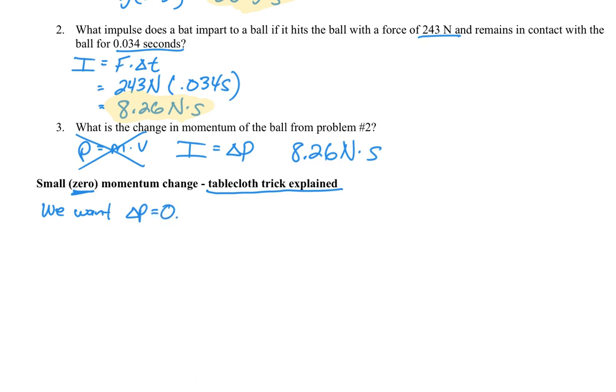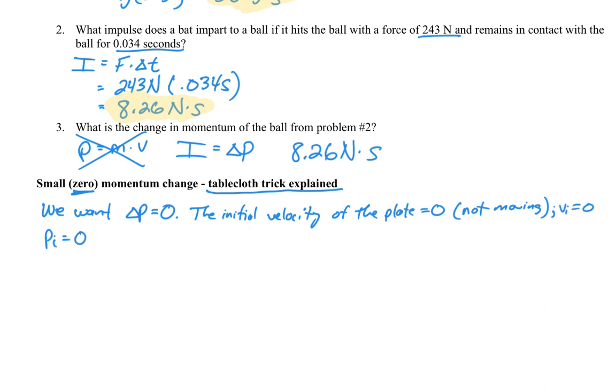Well, the initial momentum is pretty simple. The initial momentum of the plate, let's say we just put a plate on there, is based on the initial velocity. Initially, the initial velocity of the plate is 0 because it's not moving. The plate's just sitting there. That means that the initial momentum of the plate is also 0.